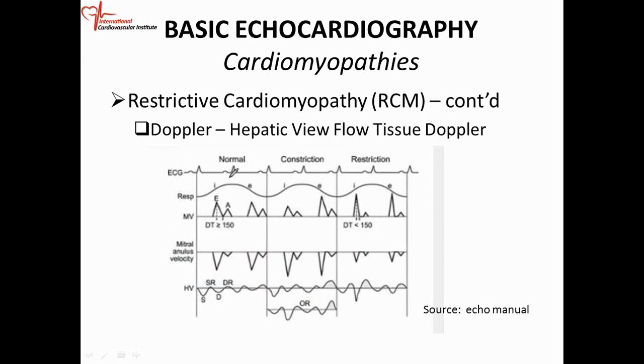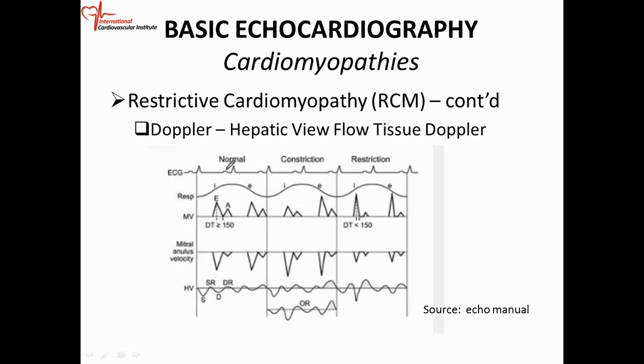On top, you have your ECG. Okay. So you know what's systole, what's diastole. You have a rest parameter where you have inspiration, expiration, inspiration, expiration. Then you have your mitral inflow. Then you have your mitral annular velocity, tissue Doppler, and then your hepatic vein flow.